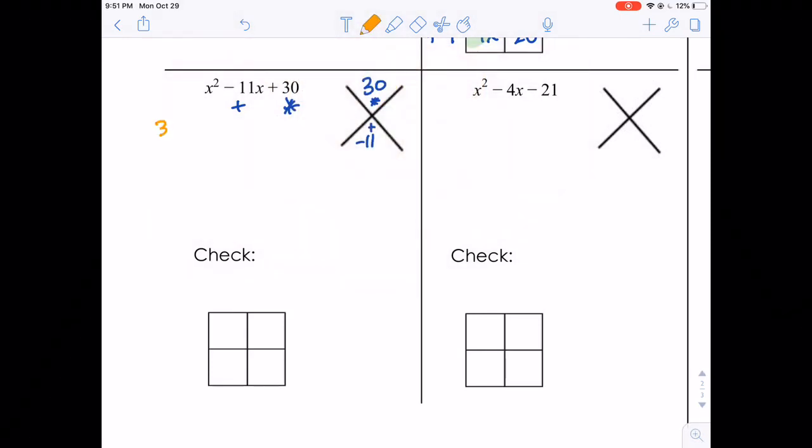Things that multiply to get 30 are 1 and 30, 2 times 15, 3 times 10, 4 times nothing, 5 times 6, and then 6 times 5. So I know that 11 is 5 and 6 together. They have to multiply to get 30. 5 times 6 makes that. But 5 plus 6 is positive 11.